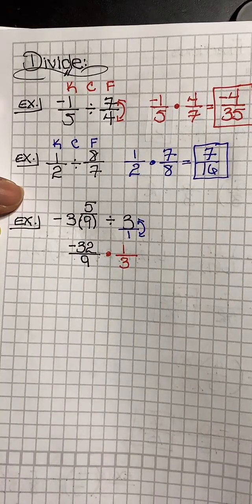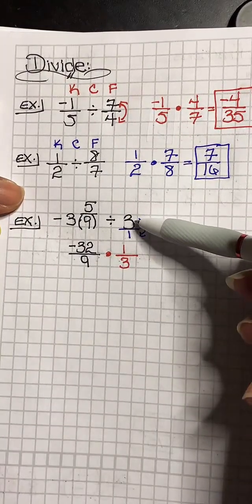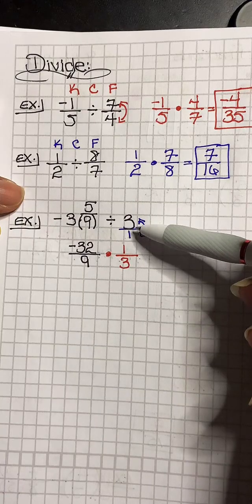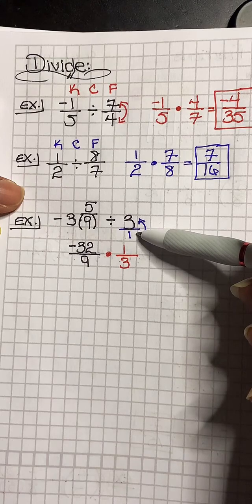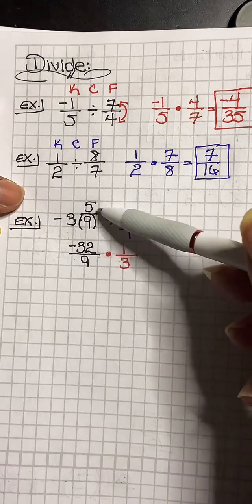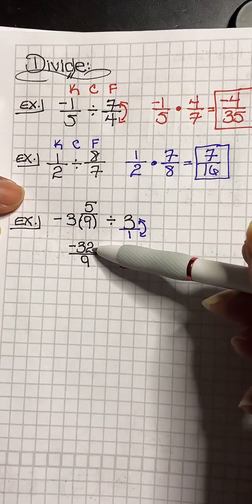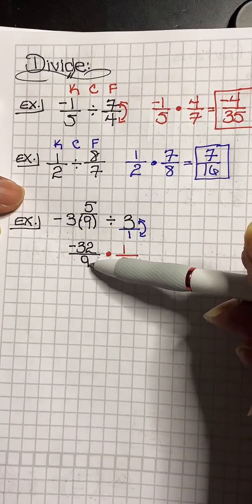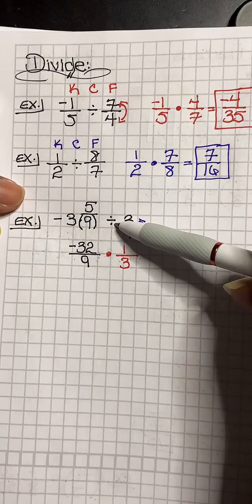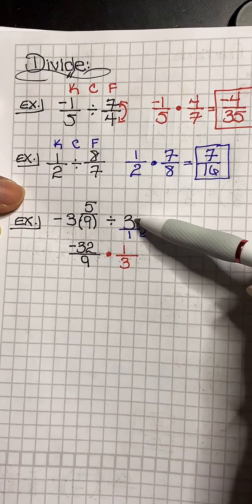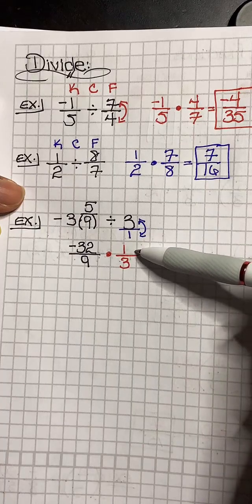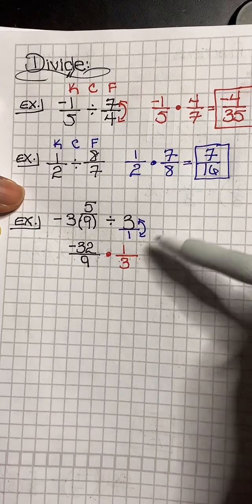Okay, you see it now? Anytime you have a whole number, make it into a fraction. You're not going to devalue it. You're just making it into a fraction by putting it over 1. So when we're doing the keep, which is this converted number, then we did the change, division to multiplication. Now we're going to do the flip, which is the 1/3.